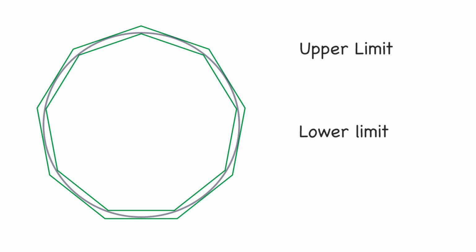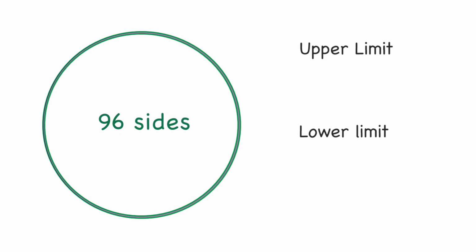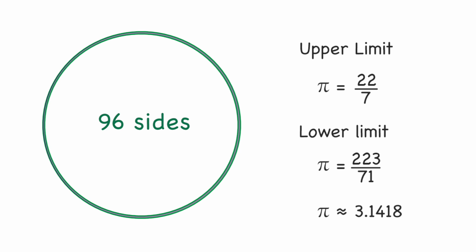He estimated pi by using a polygon of 96 sides, producing upper and lower limits of 22/7 and 223/71, giving a decimal approximation of 3.1418. The work of Archimedes remains significant today, as his approximation of 22/7 is still commonly used.